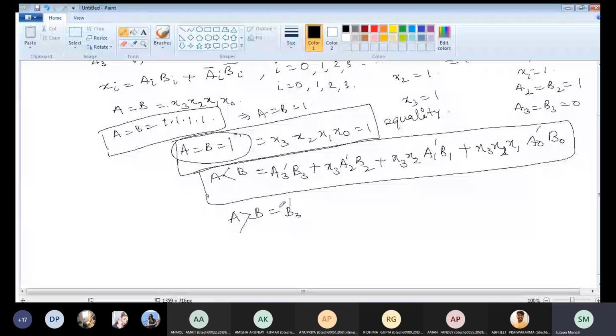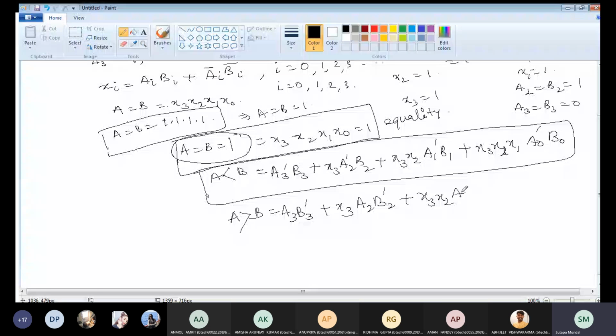So A3 B3 dash plus x3 A2 B2 dash plus x3 x2 A1 B1 dash plus x3 x2 x1 A0 B0 dash.